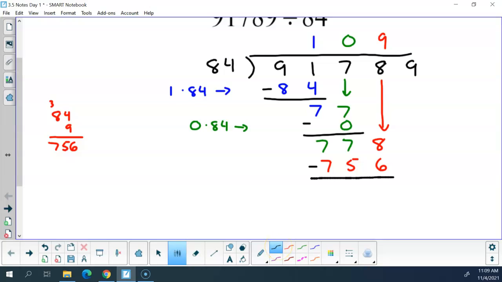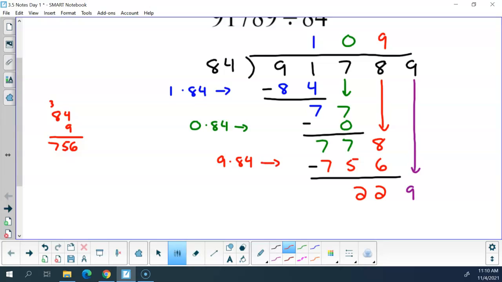Subtract. 22. Then what? Drop the 9. Oops, I forgot to write here that this was 9 times 84.